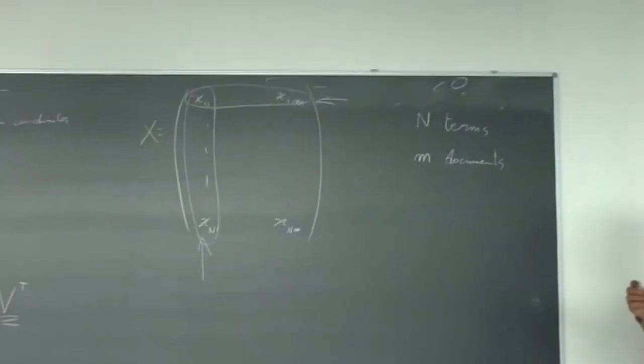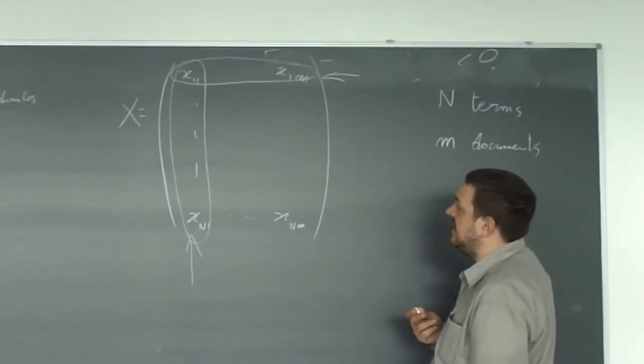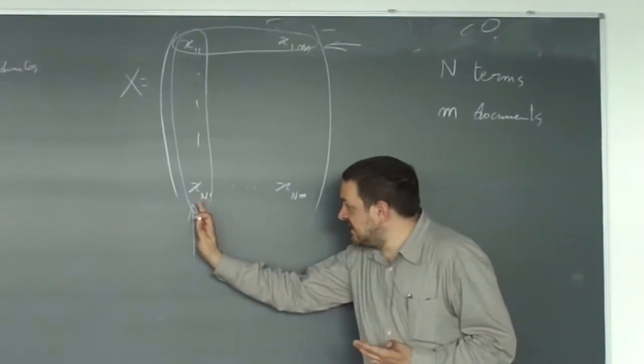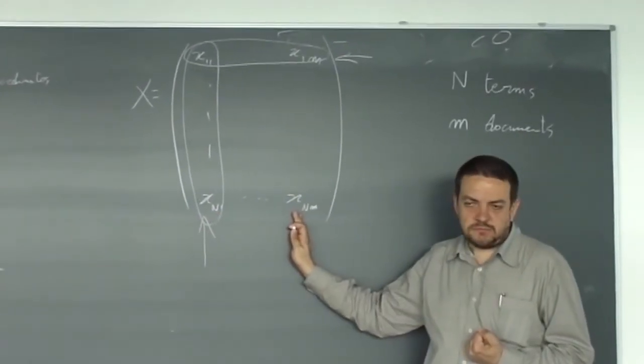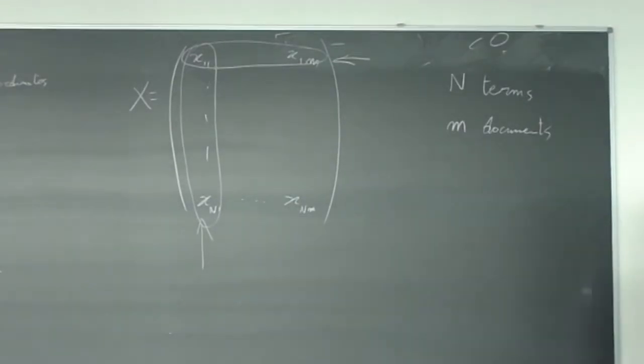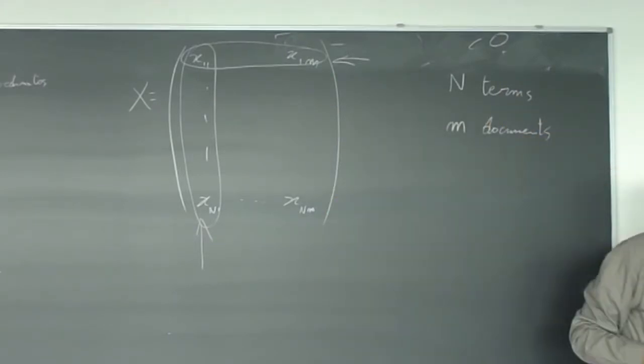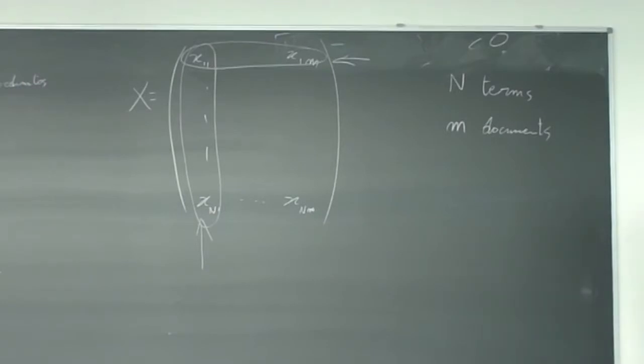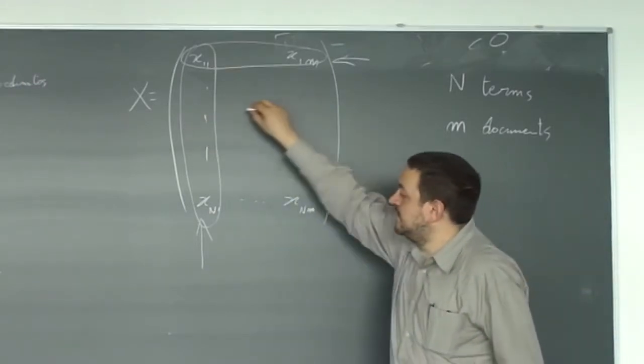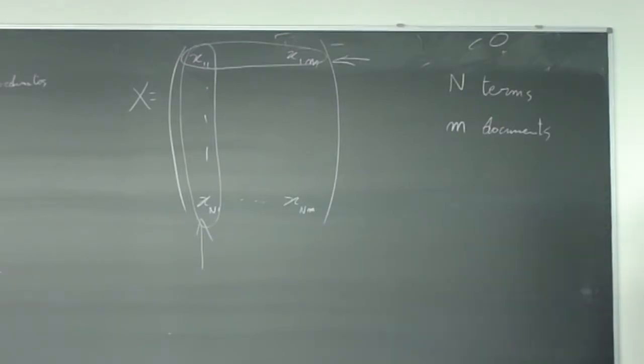In this case, we are interested both in analyzing our set of documents, because maybe we are building a search engine, so we are interested in what documents are similar, but we can also be interested in similarity between terms. Maybe there are two terms that have similar features because they appear in the same document, which is also useful when building a search engine because you want to identify synonyms.